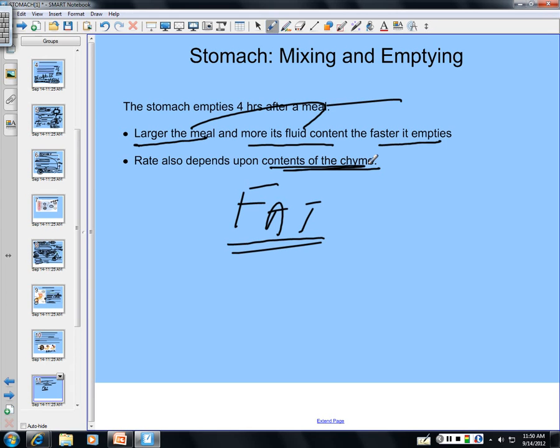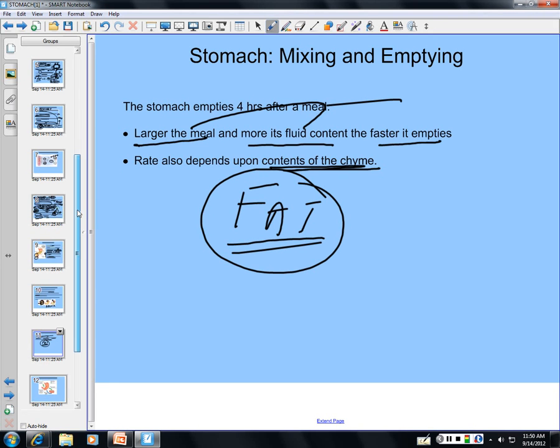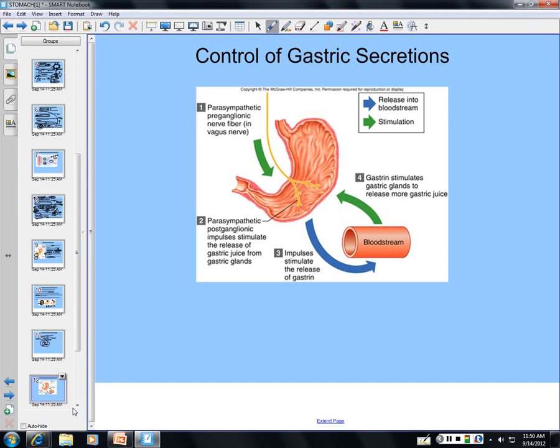And this is why when you eat very fat-rich food, you remain full for a long time. You don't feel like eating afterwards, okay? It's because the emptying is going to be very slow, and we know the reason. Lipid digestion is very little and very slow in the stomach, okay?